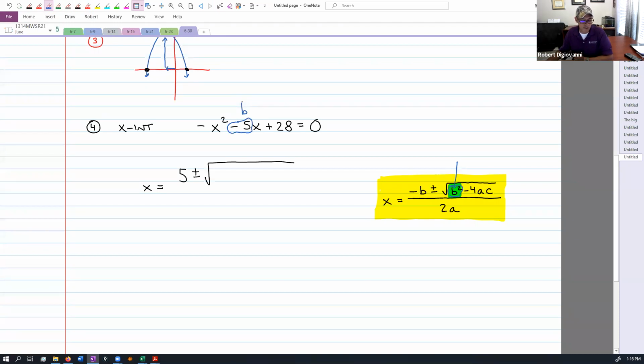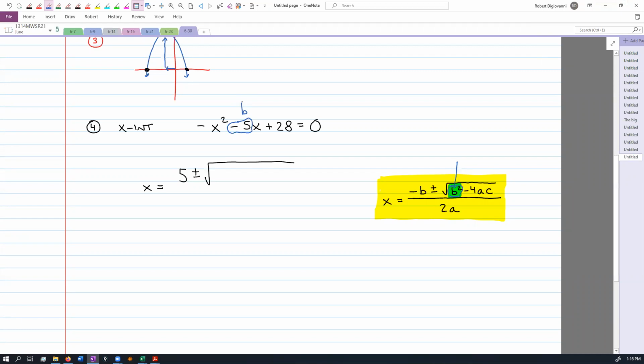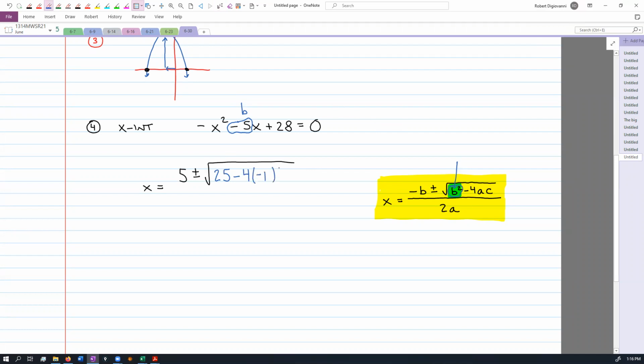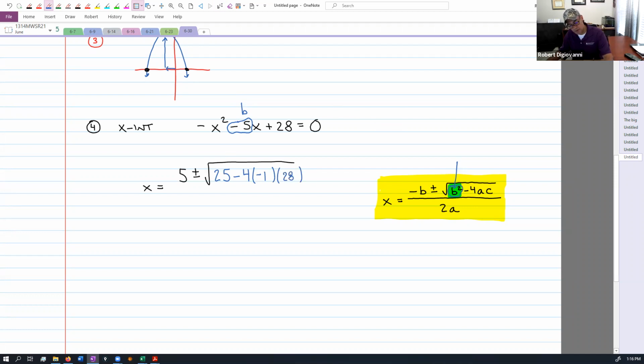So what's -5 times -5? 25, and it'll be positive, right? Positive 25. Okay. And then we go -4. That's always part of the formula. Now, a is what for us? -1. And c for us is positive 28.